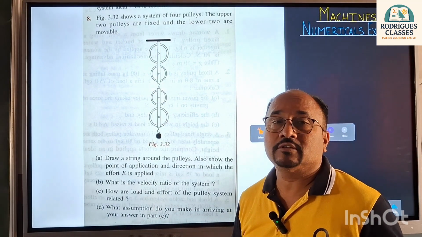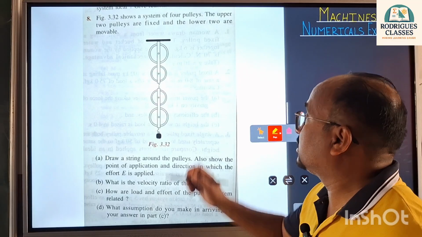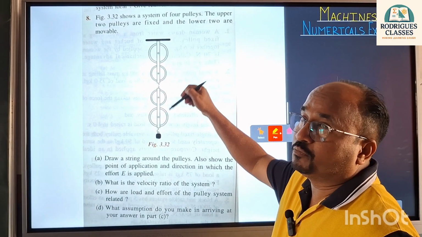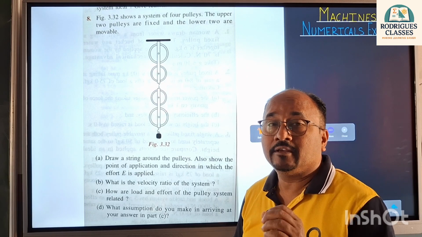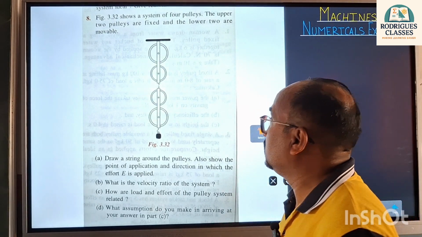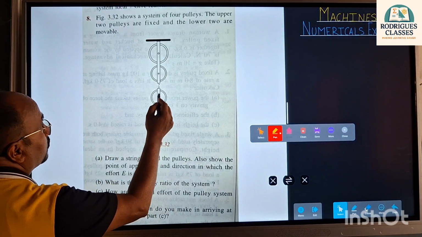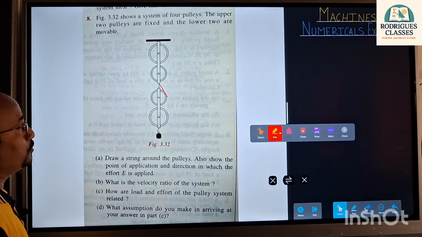So let us first go with finishing the drawing of the strings here. It is a system where the pulleys on the lower and the upper block are the same. First the string will be tied to the hook of the upper block. From the upper block, the string comes to the first pulley in the lower block.